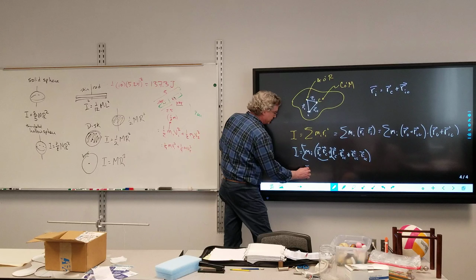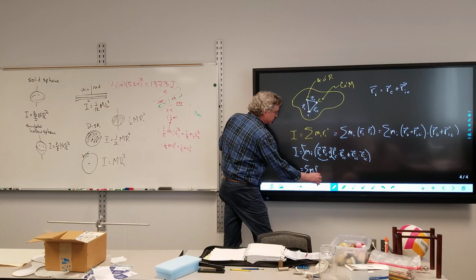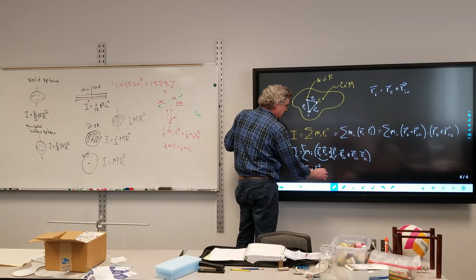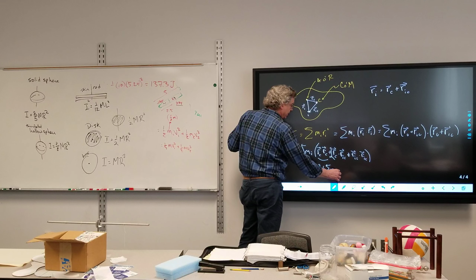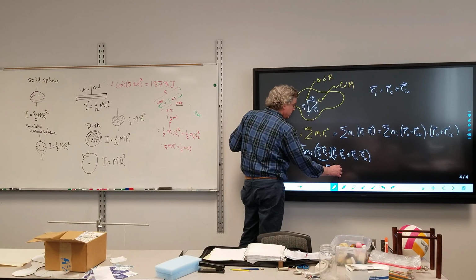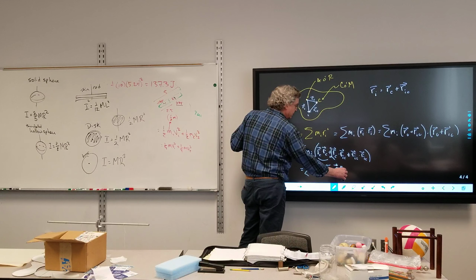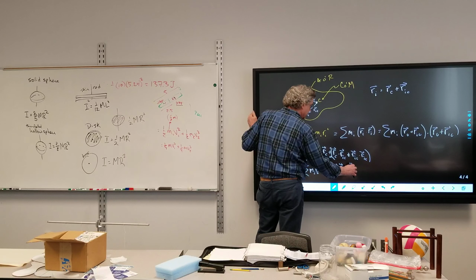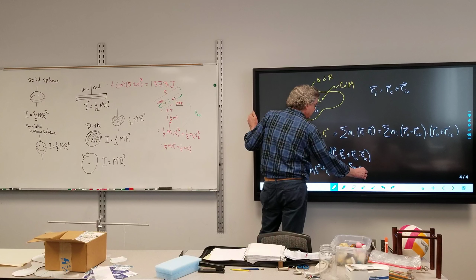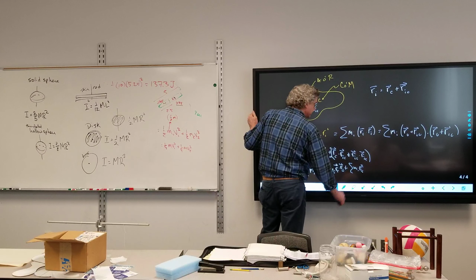So this becomes the sum of m i r c squared, plus the sum of m sub i r c dot r ic, plus the sum of m sub i r ic squared.